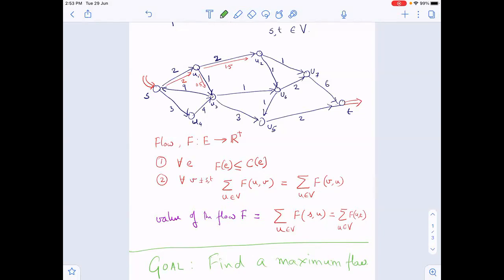Maybe let's maximize the sum over u belonging to V of f(s,u), just some particular thing or a summation of that. And the rest of the equations are already there.